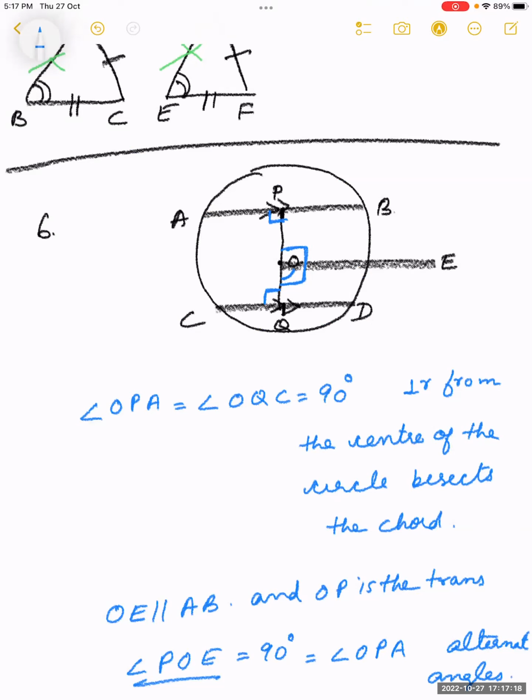Using OP, the alternate angles are equal, and likewise for OQ. Then we look at angle POQ, we get 180 degree, and that's a straight line. Please note it down as well.